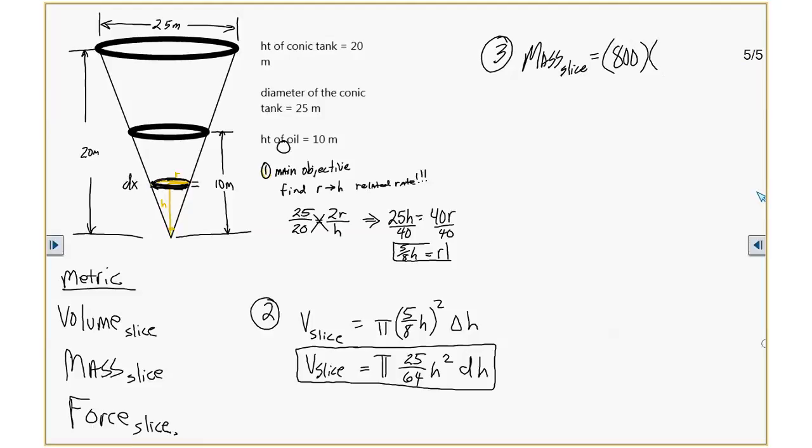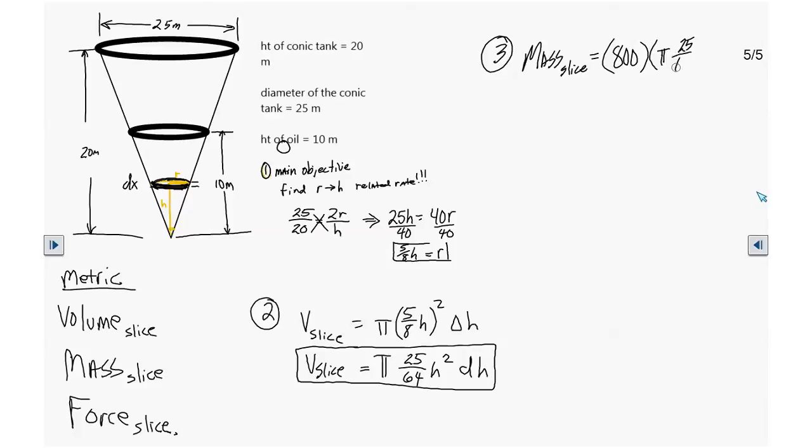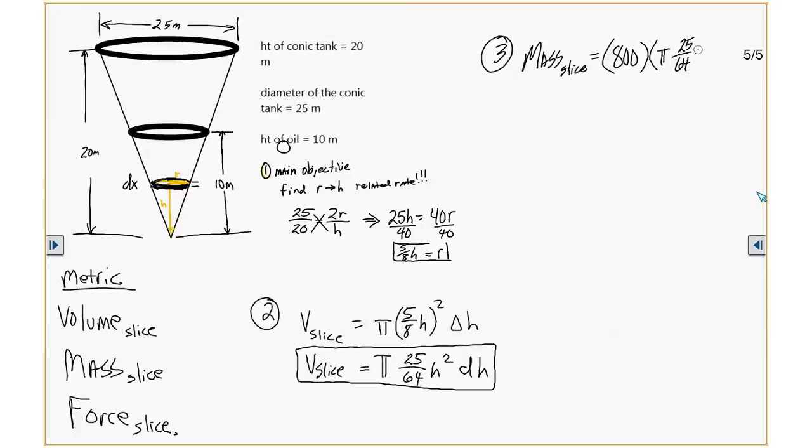When you get through, all you're going to do is put an integration symbol in front of it. So 800 times all of this: pi 25/64 H squared times DH.